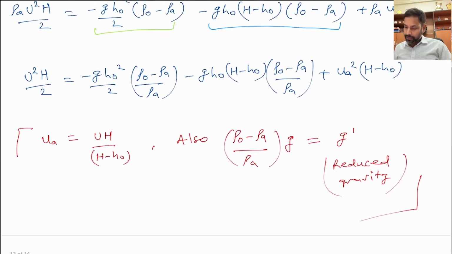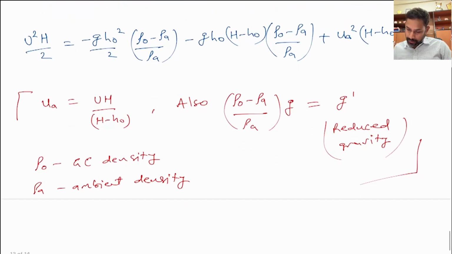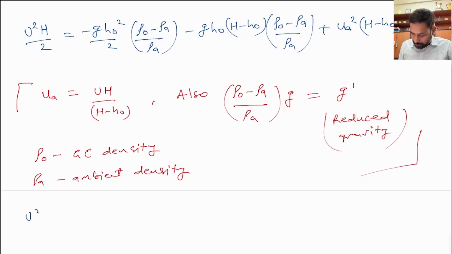But this is how your reduced gravity is given, where rho naught here is the gravity current density and rho A is the ambient density.